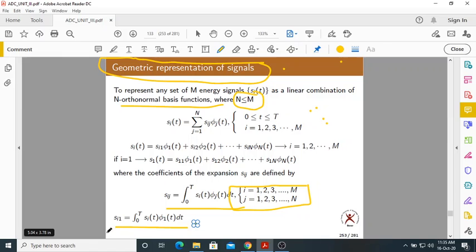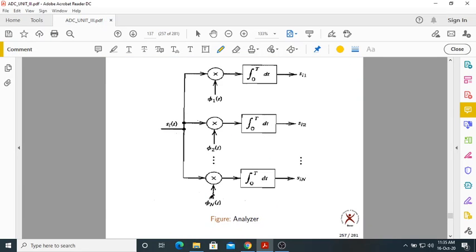You take Si of t, multiply with phi 1 of t, and integrate this product over 0 to t, and you get Si1. How to get Si2? You take Si of t, multiply with phi 2 of t, and then integrate the product over 0 to t. How to get Si3? And so on. The same thing is written here.